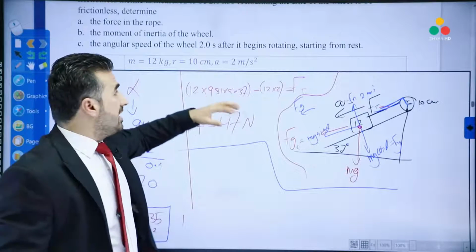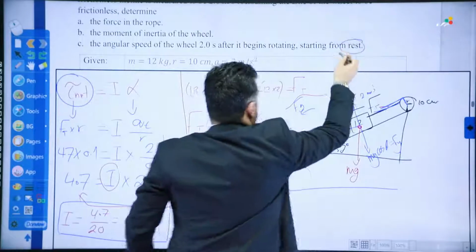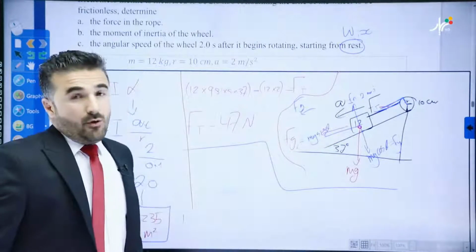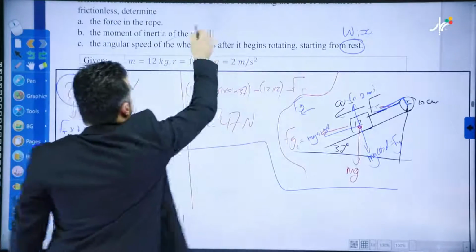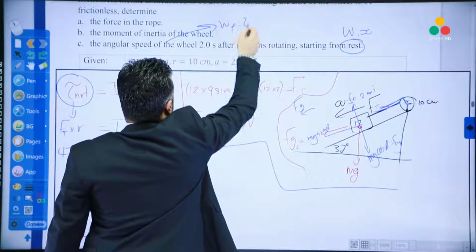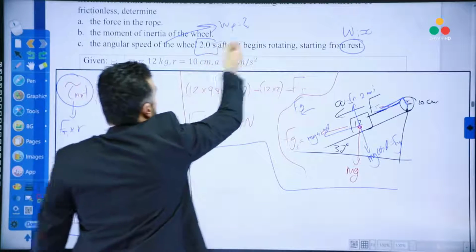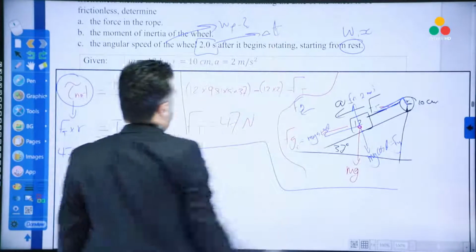Okay, it says after it begins rotating, starting from rest. If it starts from rest, that means omega initial is 0. Now, what about final? It says find the final. So omega final is unknown, so we've been asked to find this. What about the time? The time is basically 2 seconds, and that is delta t.